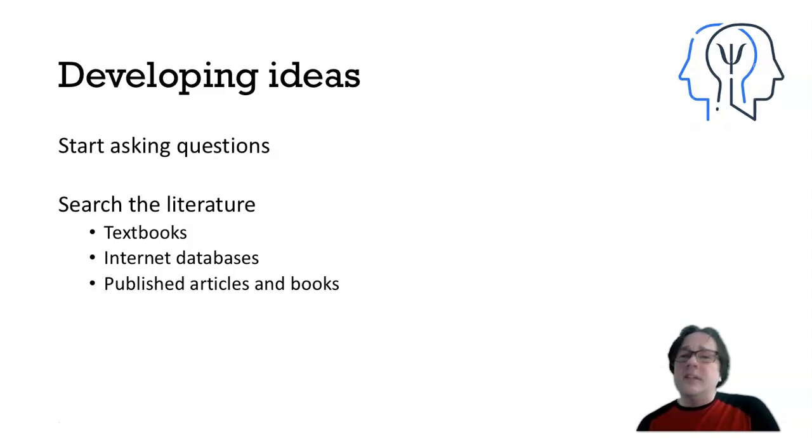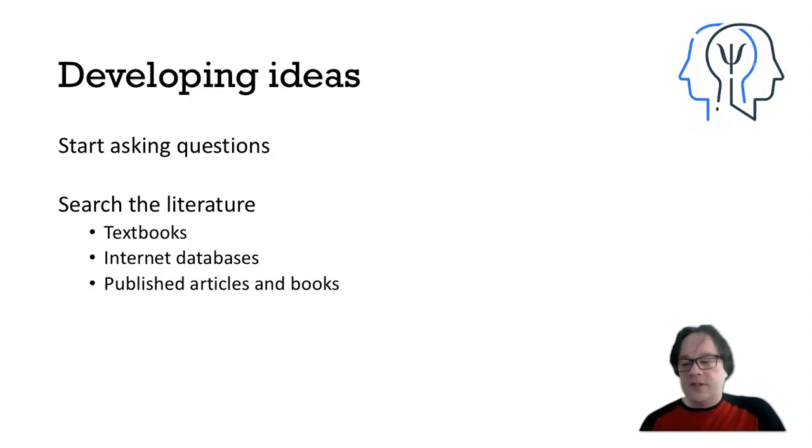But as it turns out, pretty much if you've had that question, chances are somebody else has had that question before, and chances are they looked into it, they tested it, probably even published it somewhere in the scientific literature. So the next step would be to search the literature.